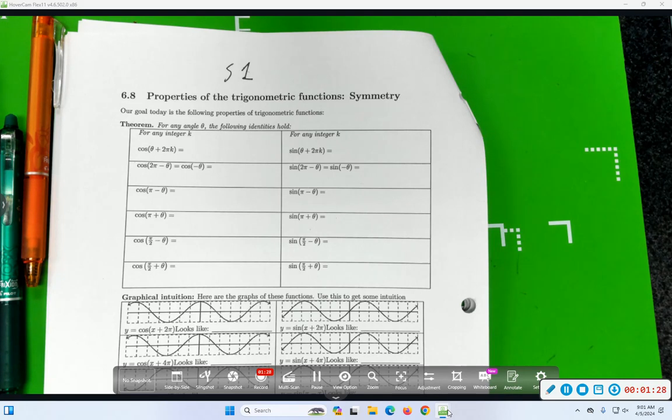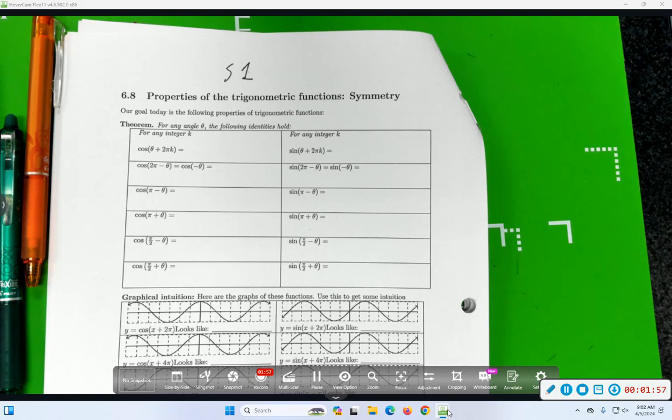Whenever you see a multiple choice matching graph thing, find an input that distinguishes them, and try to plug in that input. It looks like A is the only one of the lot that goes to the point 0, comma, something positive. Cosine of 0 is something positive, sine of 0 is 0. Not the only way to have thought about it, but I think that's a good way too.